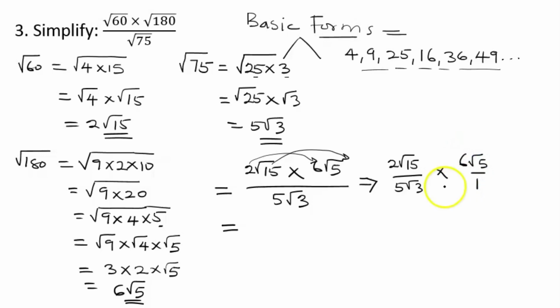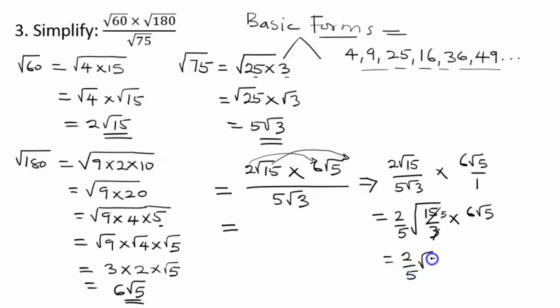This gives me 2 over 5. Then I can combine 15 and 3 based on the rule, and it's going to give me 5. So I'm going to have 2 over 5 root 5 multiplied by 6 root 5. Can you see? This is another way you can handle it.